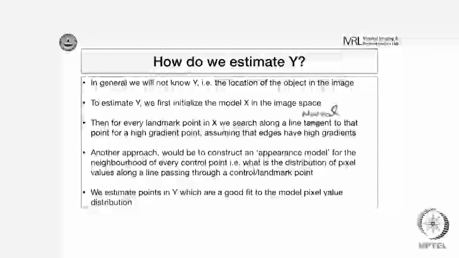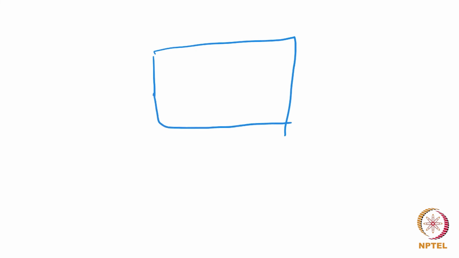Let me draw this so that we know what we're talking about. Let's say this is our image, and there is an object in there. This is the object we are possibly looking for, and then we have a shape model.